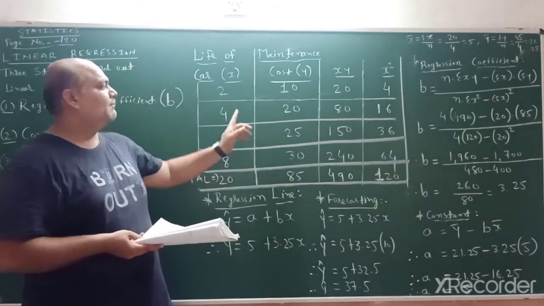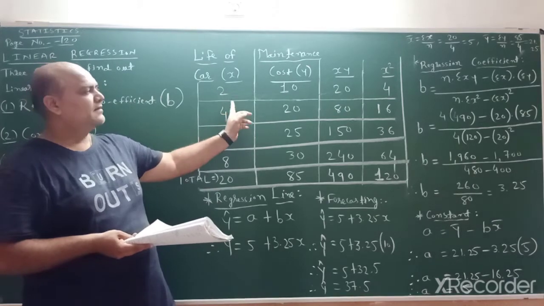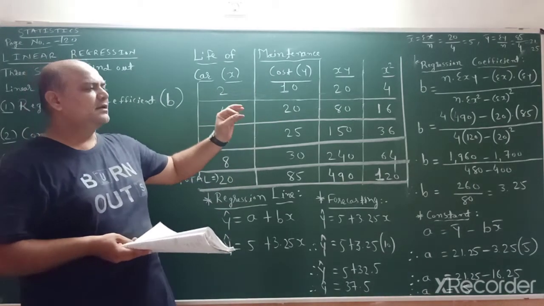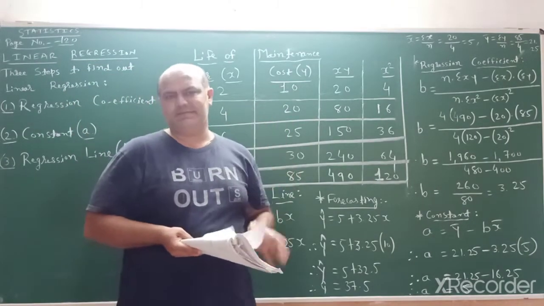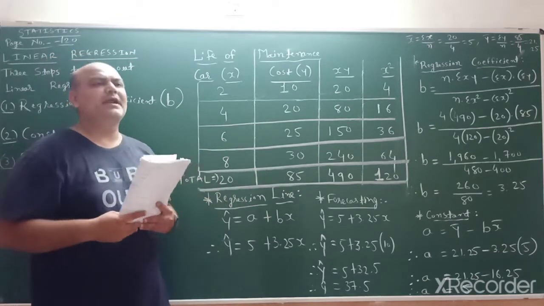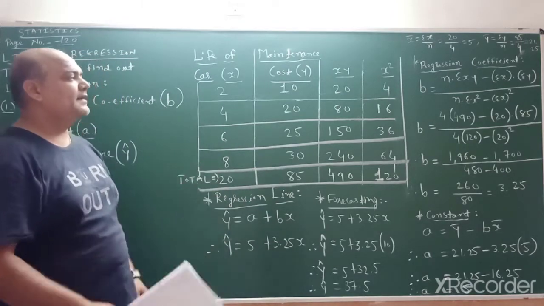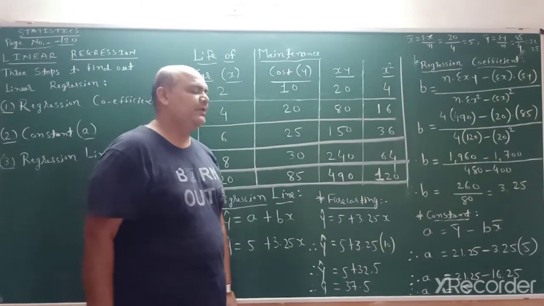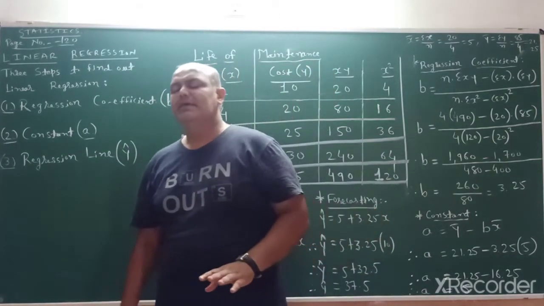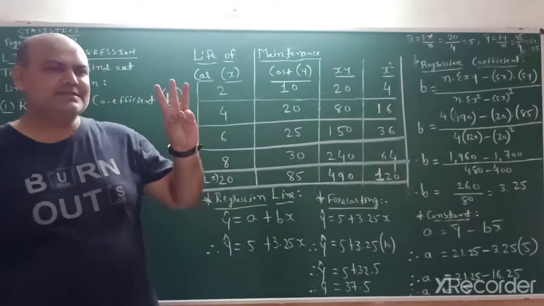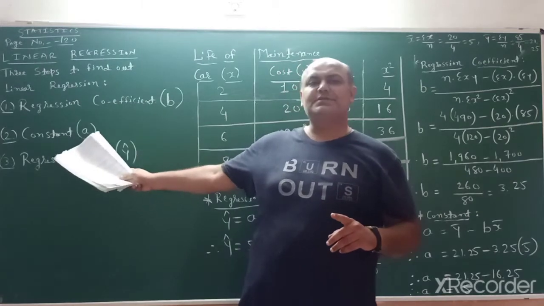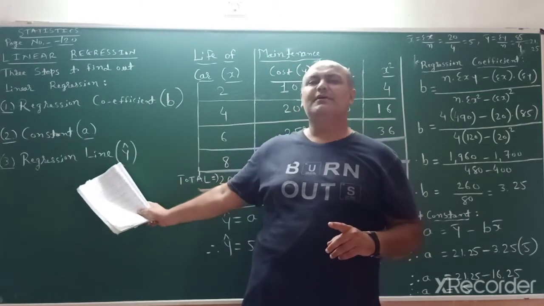xy means multiplication of column x with y, and x square means the square of the column of x. Okay? First we find x bar and y bar. Students, where is it required? It is required when we want to find the constant, that is a. For the regression line there are 3 steps: regression coefficient b, constant a, and regression line y cap.